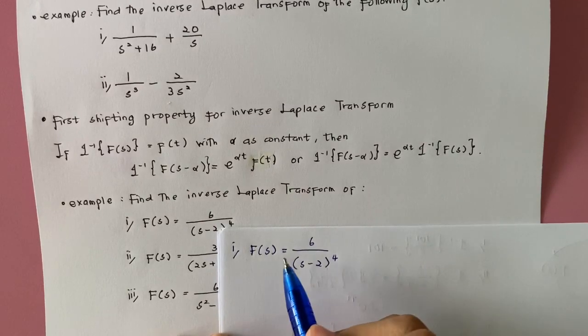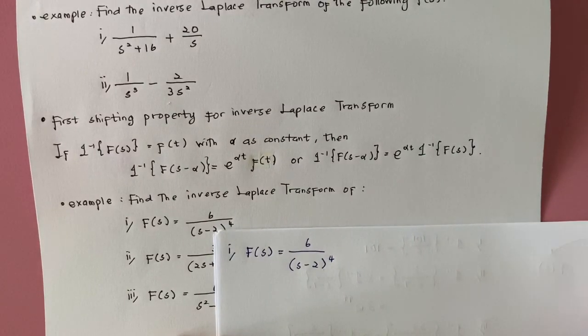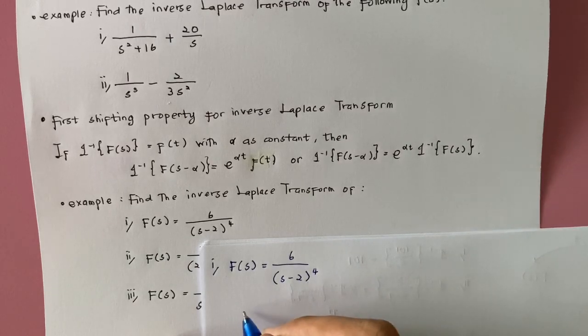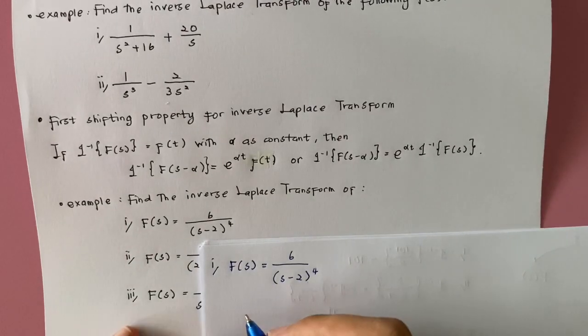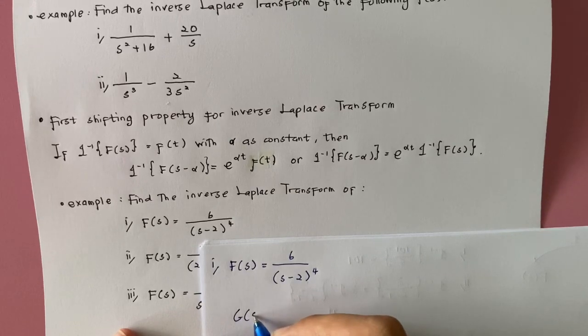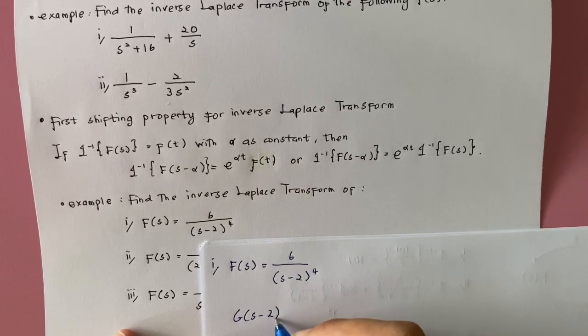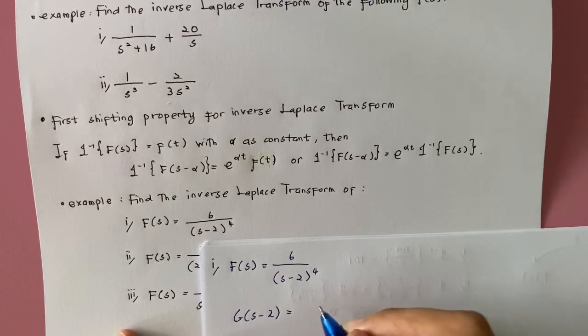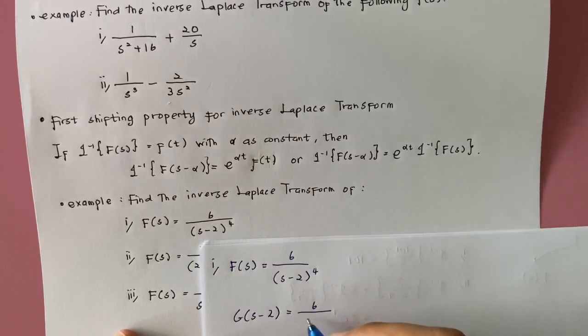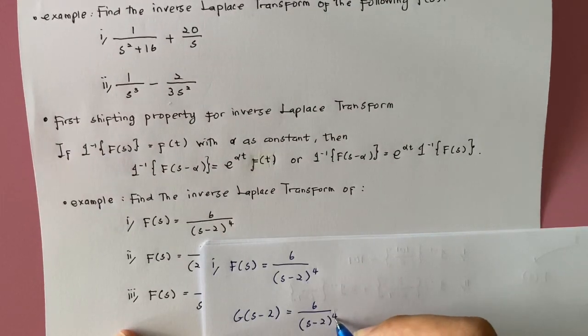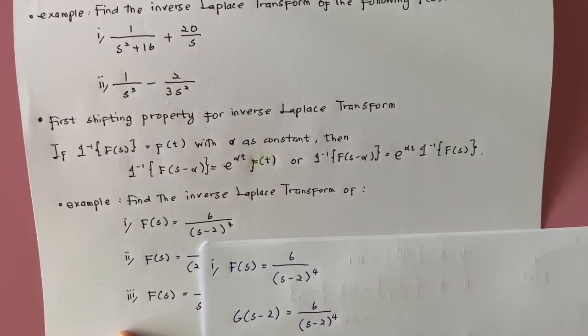So first, write your F(s) in terms of G(s minus alpha). Your alpha is 2, so you have G(s minus 2) equal to 6 over (s minus 2) to the power of 4.